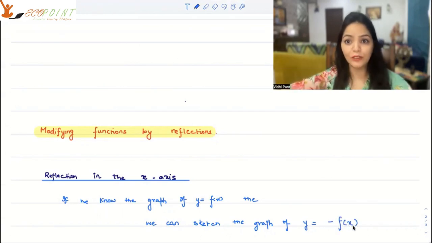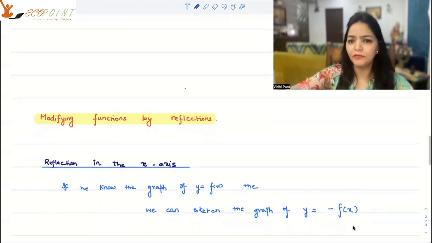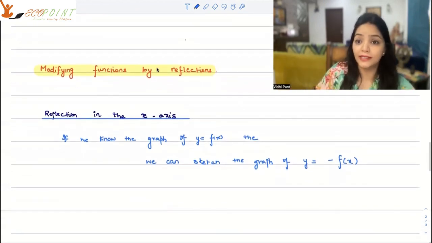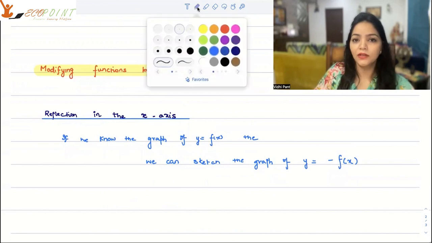And as we do it, the result is a reflection in the x-axis, as if the x-axis works like a mirror and you see the reflection. I think it would be clearer if I take up an example.